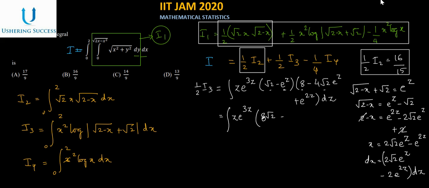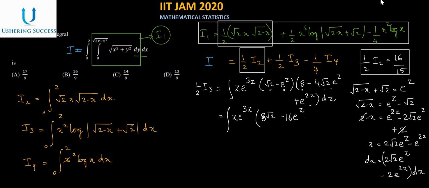So 2 times minus 8 means minus 16 e to the power z, and then I have root 2 into e to the power 2z, and I also have e to the power z into 4 root 2 e to the power z. So that gives me 4 root 2 e to the power z plus root 2 e to the power z.